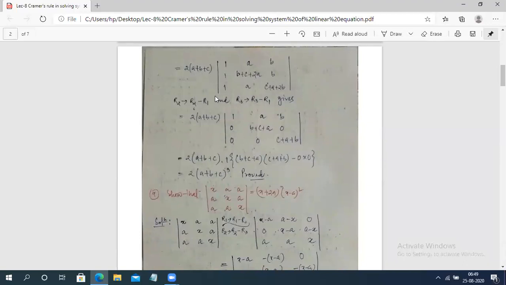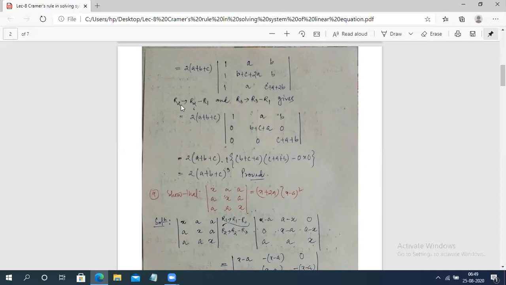And now just change the second row and third row. If we change R2 into R2 minus R1 and R3 as R3 minus R1, then we'll get 2 zeros in the first column and it will make the determinant very simple. So after this transformation, we'll have this determinant, 1 0 0.